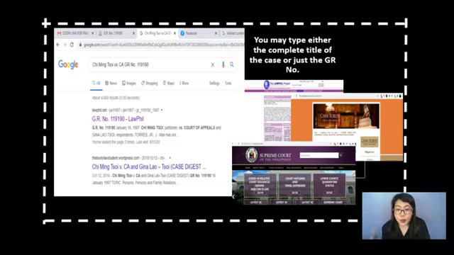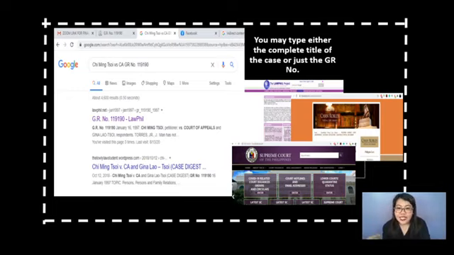And when you open the page, you just make sure that the GR number as shown on the web page is the same GR number and of the same date of the case that you are looking for. Kasi mayroong instances na pareho yung parties pero magkaiba pala yung GR number at ibang kaso siya.